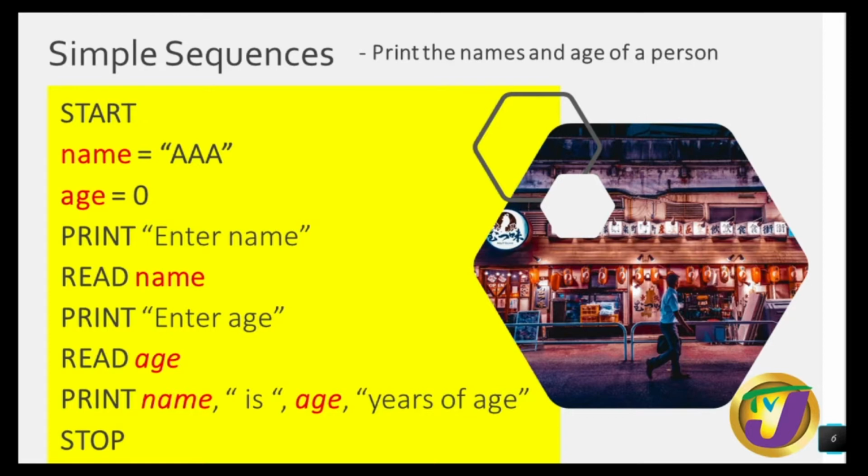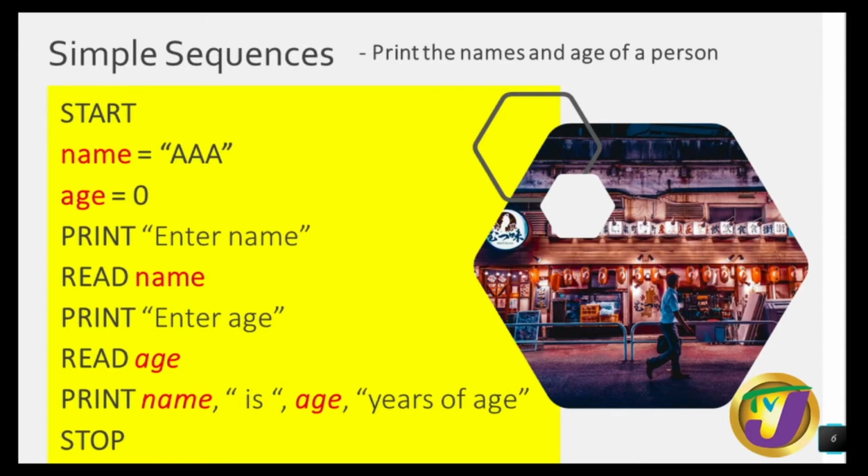All right, so we have start, and then I initialized two variables called name and age. And that initialization process is where we give each variable a starting value. So for name, I've given the starting value as 3 A's. Age, the starting value is 0.